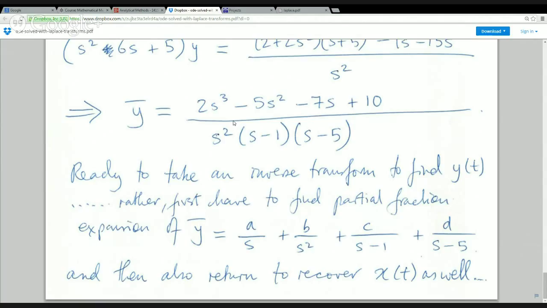Either, by default, the one that will always work is return to the equations for x bar and y bar and substitute in y bar to get x bar equals, this will be a rational function of s.